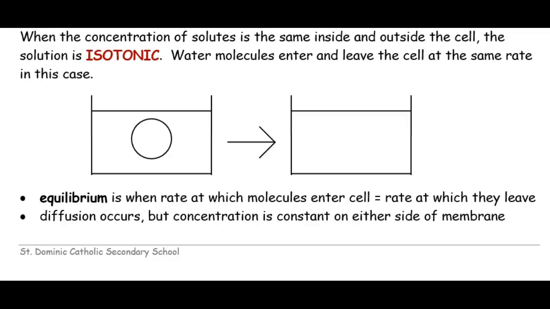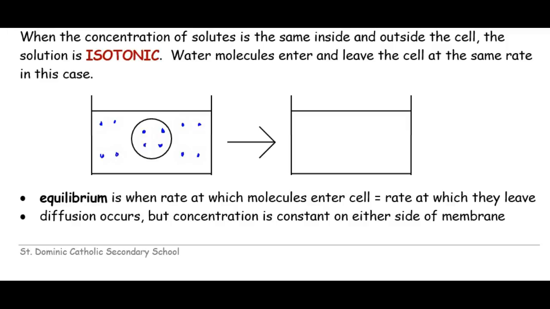So the last situation is where we have an isotonic solution. In that case, we have an equal number of solute particles inside and outside the cell per unit volume. So that means equal concentrations inside and out.